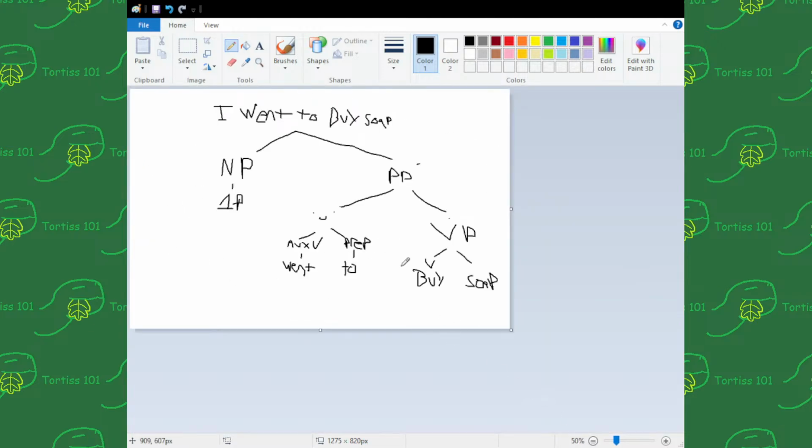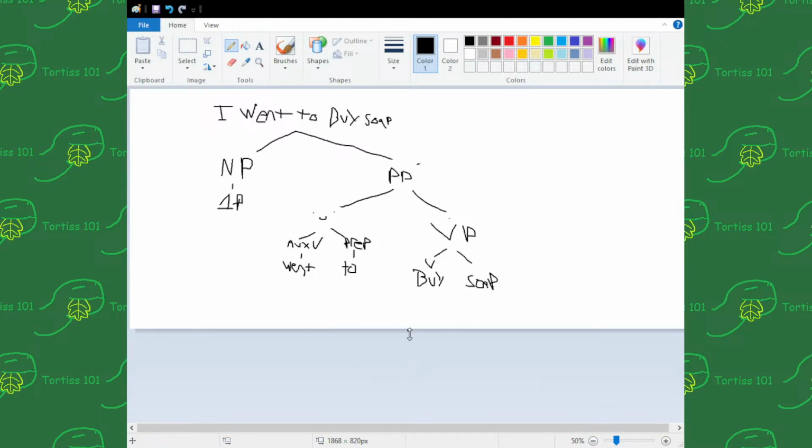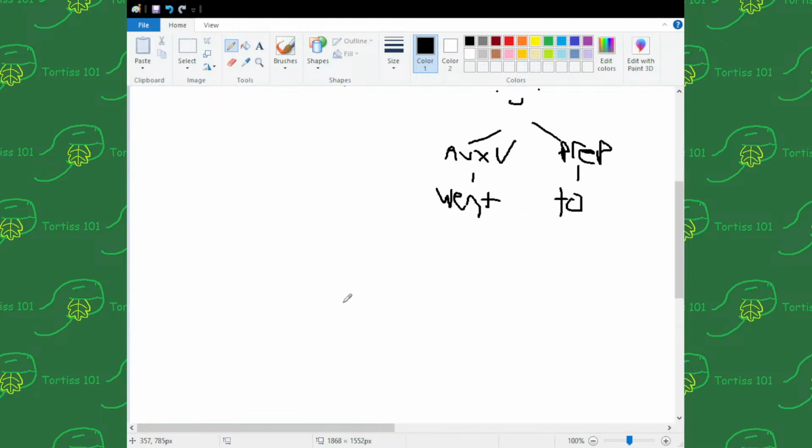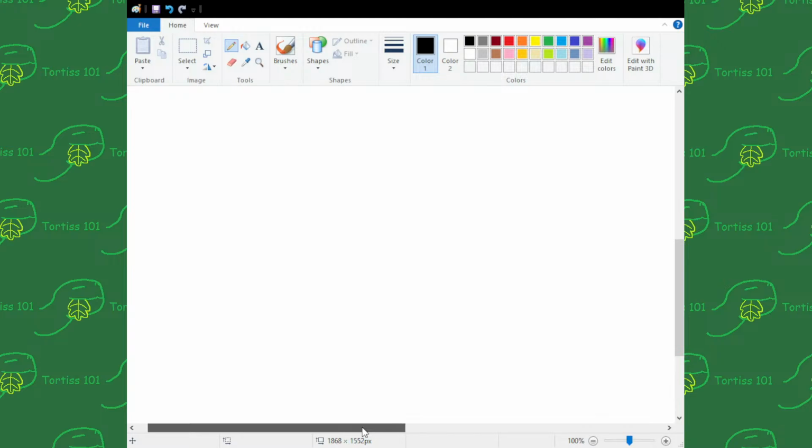So that's great and all. But in SOV, it would break down to, so SOV. We need to have the noun phrase, that's the first person pronoun.